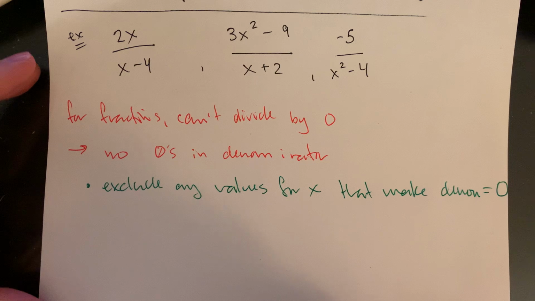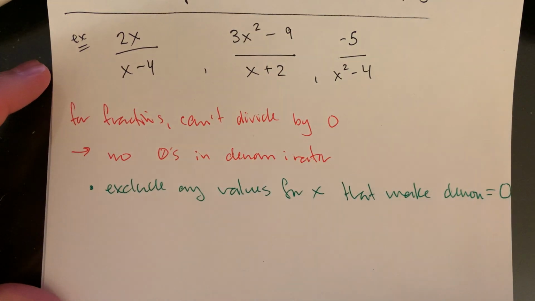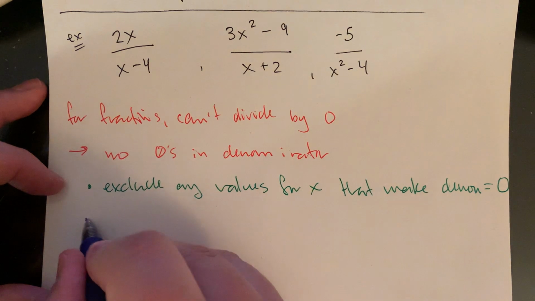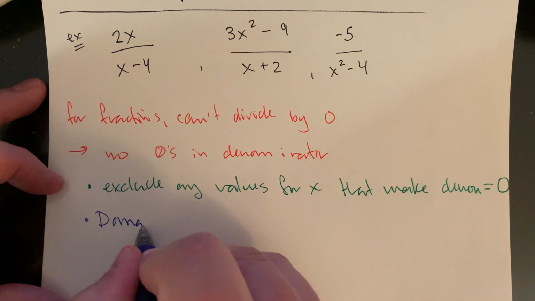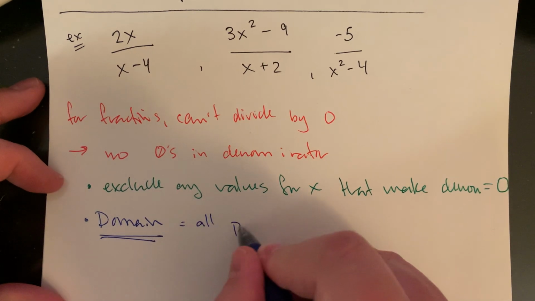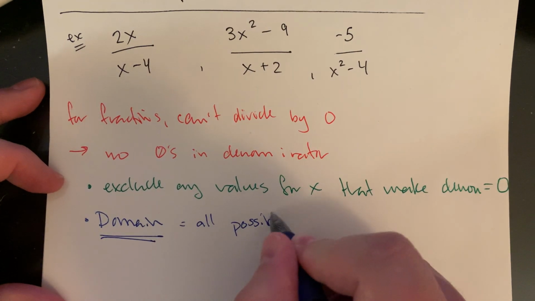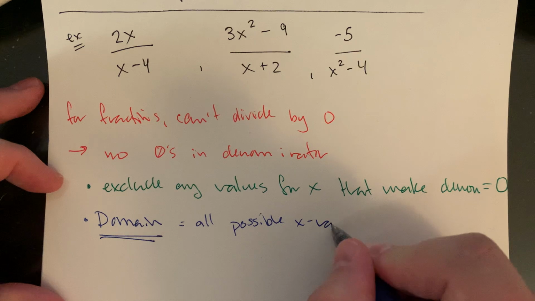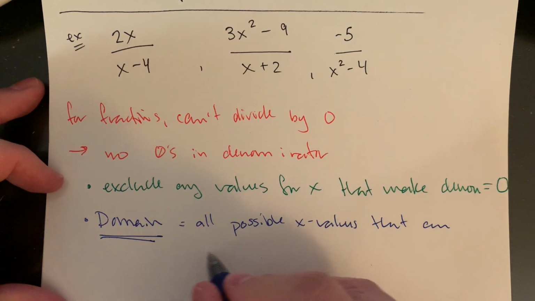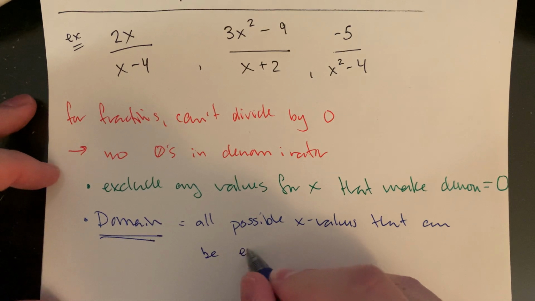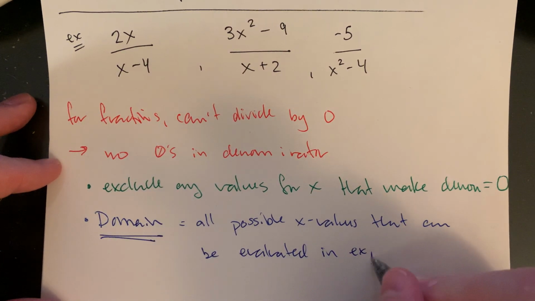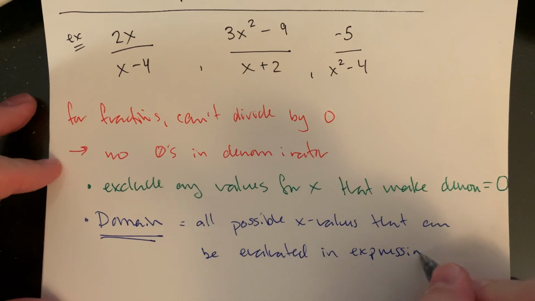So the wording for this, the different x's that you can sort of input into an expression, is called the domain. So the domain are all possible x values that can be evaluated in your particular expression.